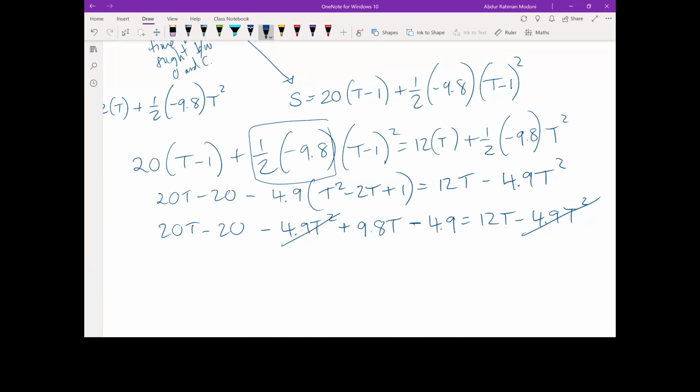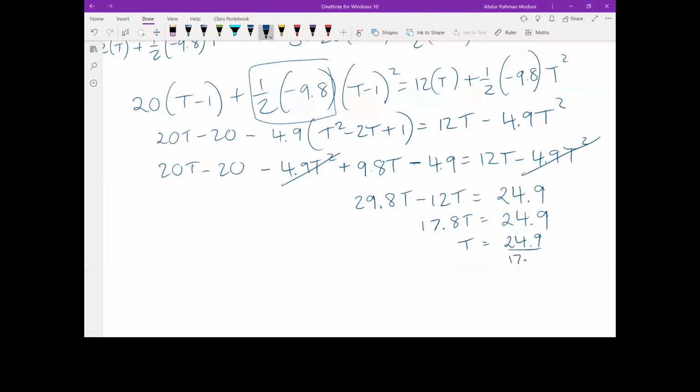And 20T plus 9.8T gives 29.8T, minus 12T is equal to 24.9. 29.8 minus 12, what's that? 17.8T is equal to 24.9. Therefore, T is equal to 24.9 over 17.8.